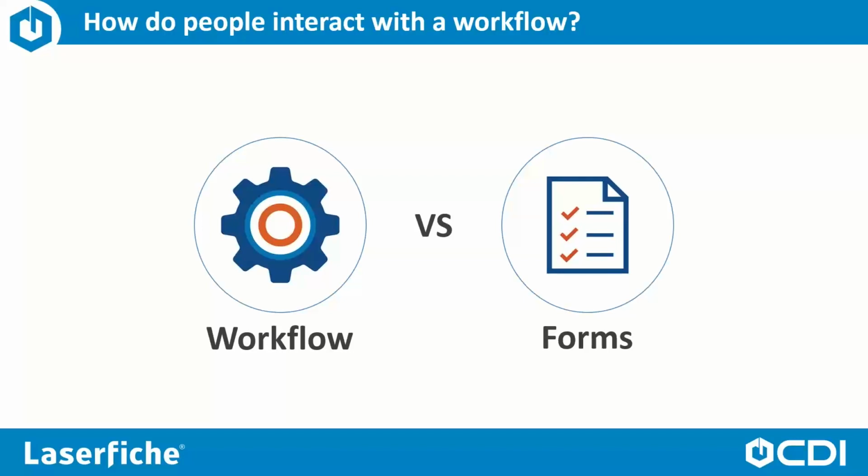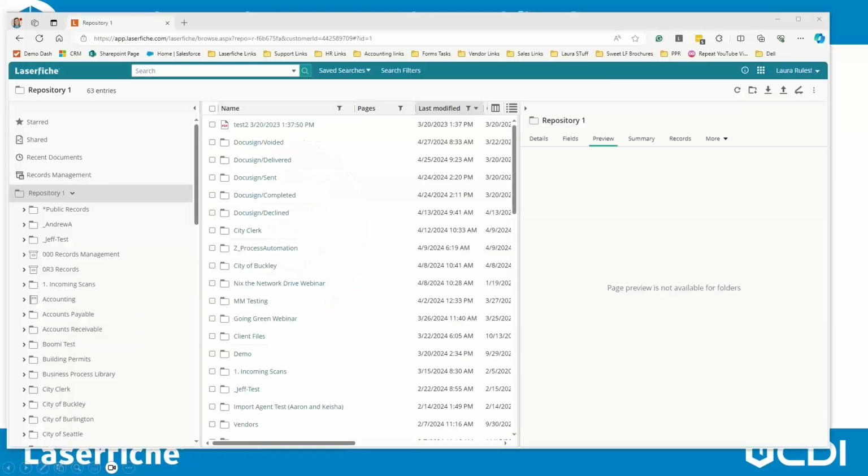They just used forms to mainly collect information that can then push it to workflow, and workflow can do the rest. So when building workflow or building automation, workflow is more repository based. So let's take a quick example, I'm going to show you a quick example of what that looks like.